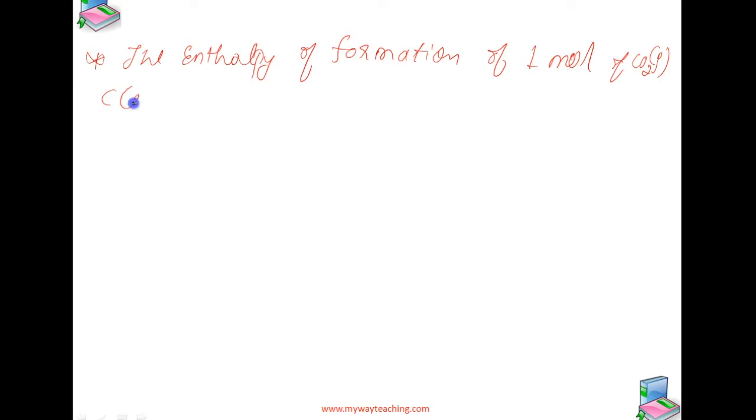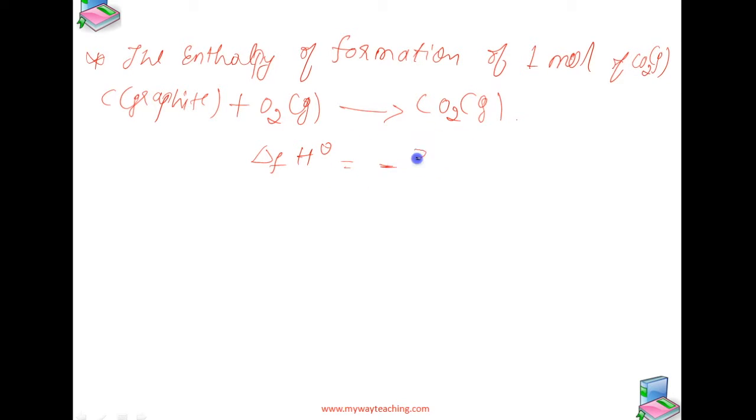Graphite plus oxygen gives carbon dioxide, with the enthalpy of formation equal to minus 393.5. Consider this equation 3, the enthalpy of formation of 1 mole of carbon dioxide.